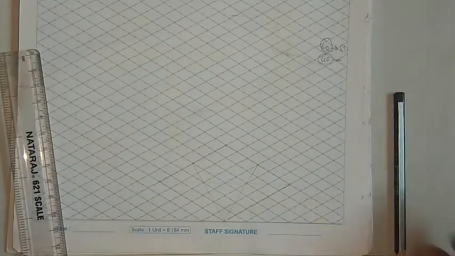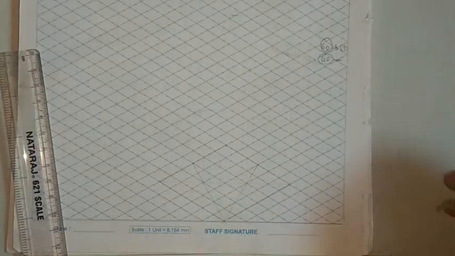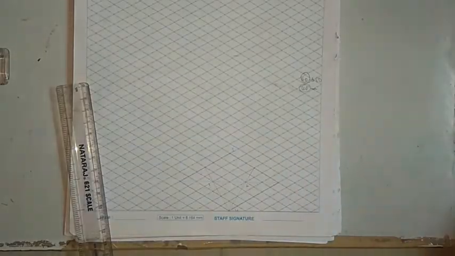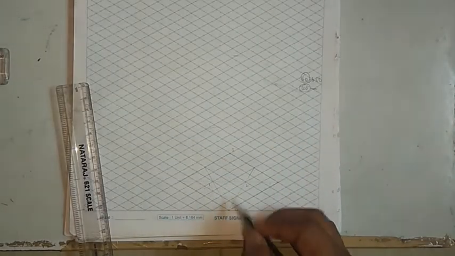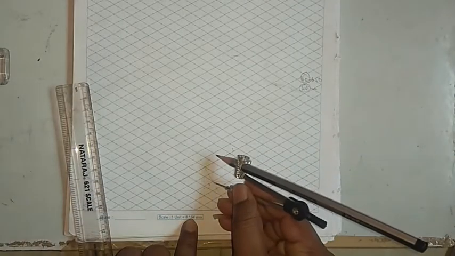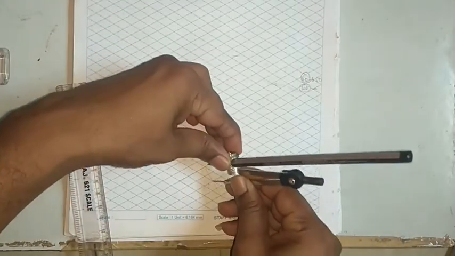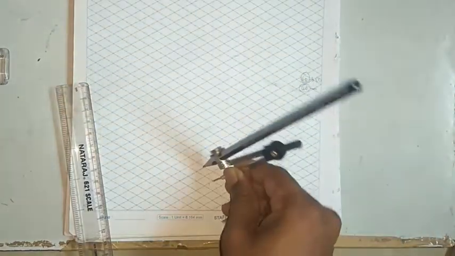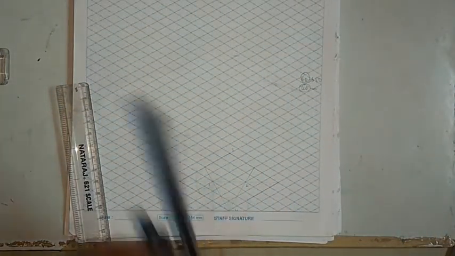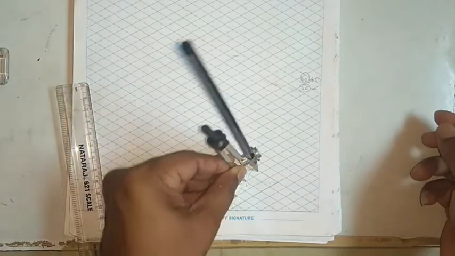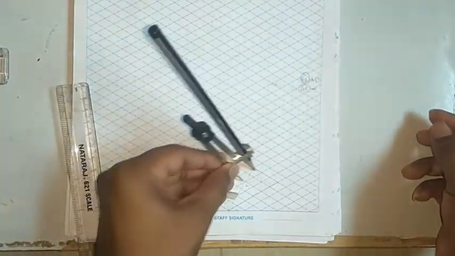Once this is done, for the time being we'll say 1, 2, 3 and 4. Once you have marked 1 2 3 4, take 1 as the center and from the midpoint of this line drop an arc to the next line. Like that, with 2 as the center, from the midpoint of the next line draw a simple arc.